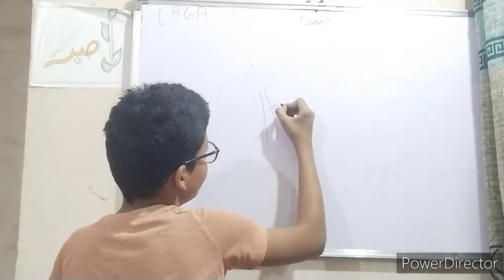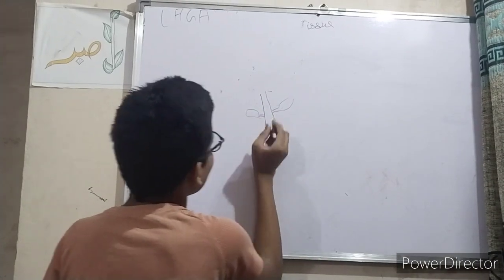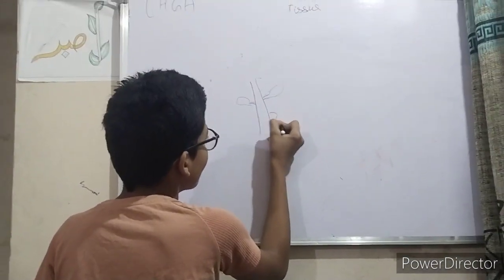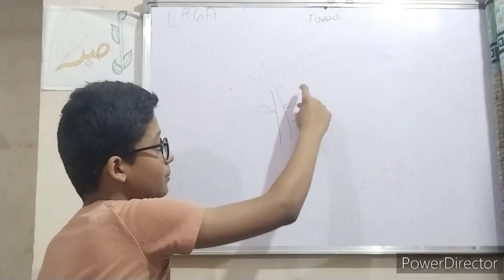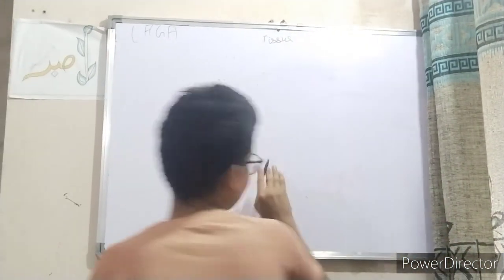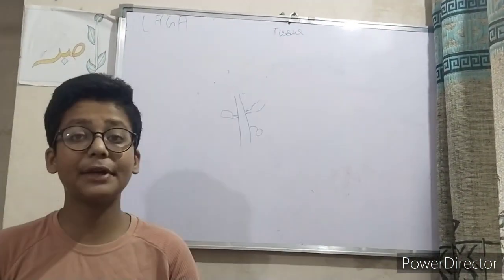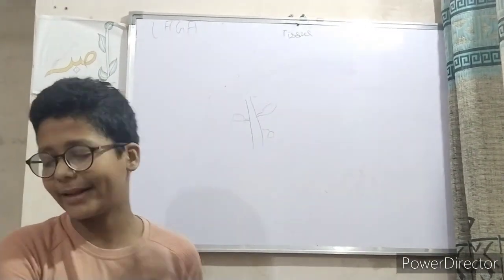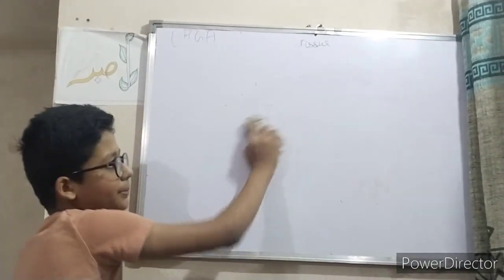Then we have leaves, fruit, many other things, buds. These leaves, fruits and buds are grown through lateral meristem. So these leaves are grown through which type of tissue? Lateral meristem.